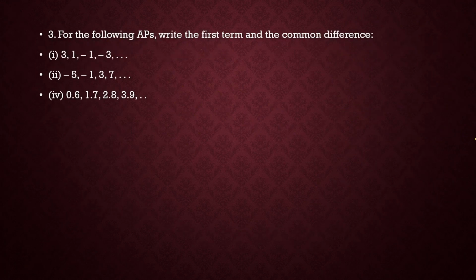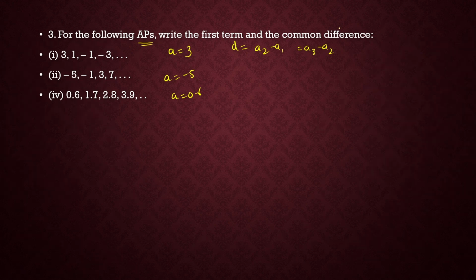Next one is, for the following APs, write the first term and the common difference. So again, it's very easy. First term is always the easiest part. You just have to write the first term. So I've written for all the 3 example questions. Now we have to find the common difference. So common difference is how much? A2 minus A1. Or you can also go for A3 minus A2, whichever is easier for you. They've already given it as an AP, so there's no need for verifying whether all of them are same.